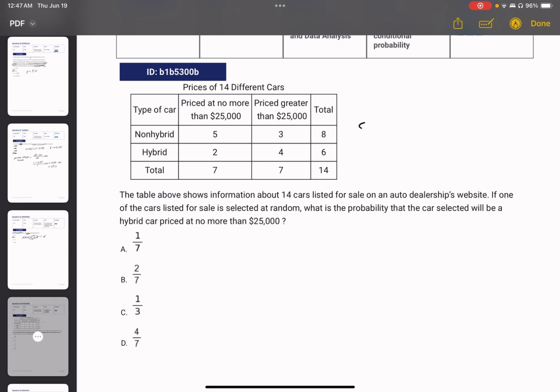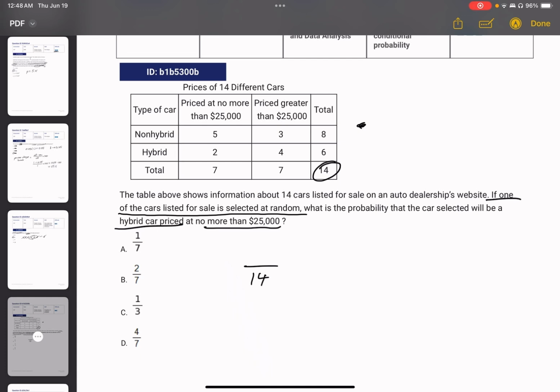So if one of the cars listed, our denominator is going to be the total cars that are listed on sale. These are all listed on sale over here, so 14 is going to be our total. Now for our numerator, we need a hybrid car priced at no more than 25 grand.